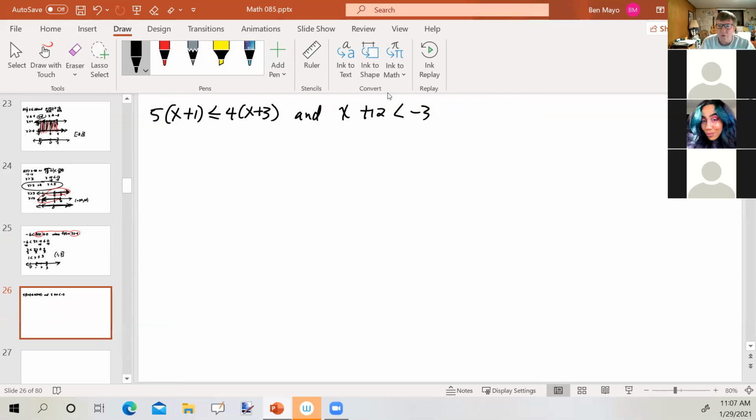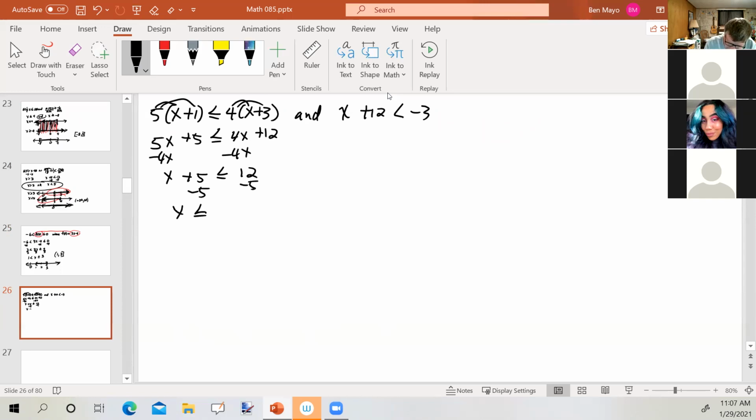Okay, so to solve the first inequality, the one on the left, I'm going to start by distributing. 5x plus 5 less than or equal to 4x plus 12. Okay, I'm going to subtract 4x from both sides. X plus 5 less than or equal to 12. Subtract 5 from both sides. X less than or equal to 7.